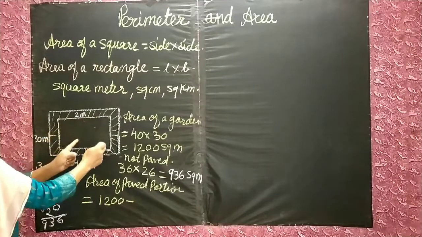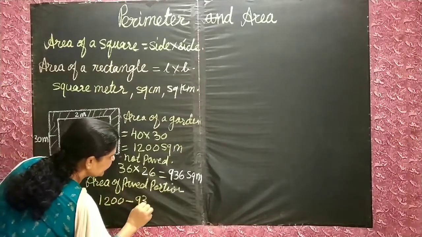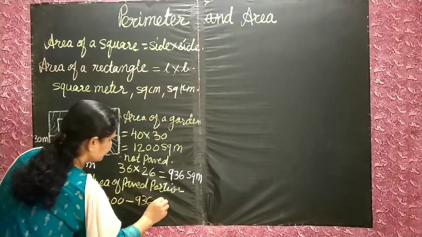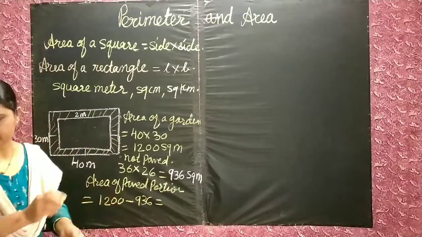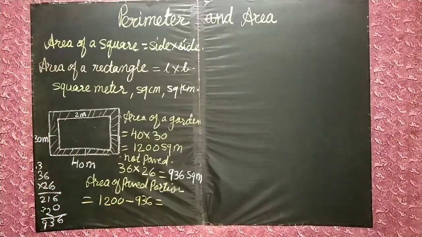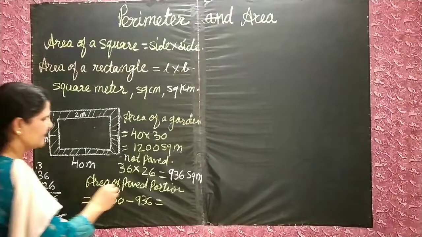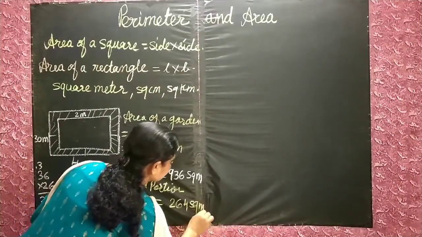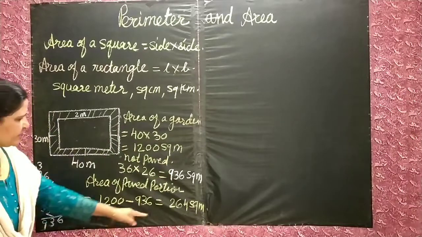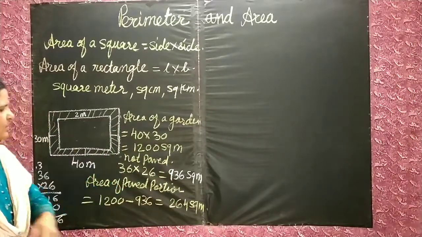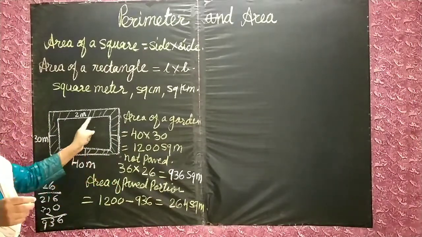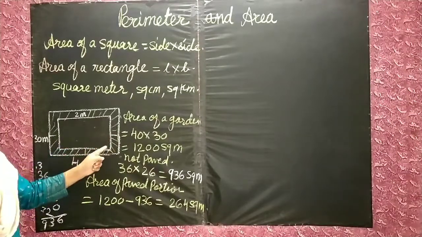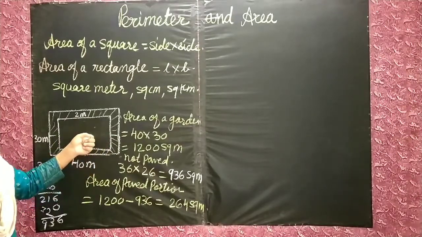What is the area which is not paved? 936. Subtract, and you will get 264 square meter, which is the area going to be paved. Okay, got it up to here?